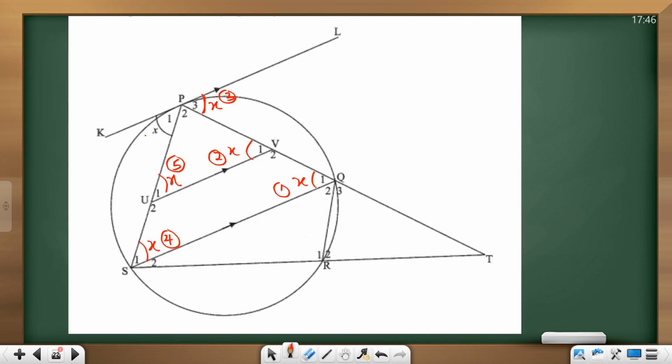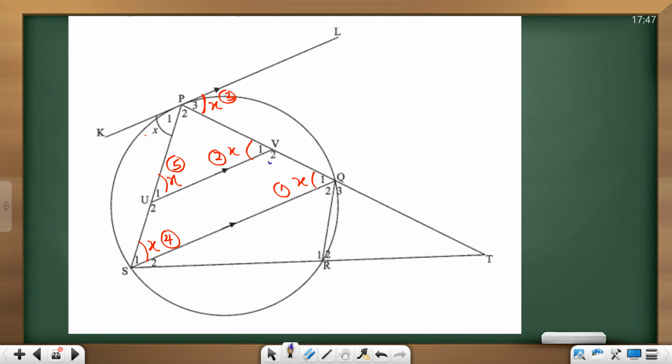All right. Mary, what are you saying? Okay, guys. I wanted to ask, if you say that V2 is equal to x because it's equal to Q1, and your reason is co-interior angles, is it right? You said V2 is equal to Q1. Why are we on V2 though? Okay, hold on.